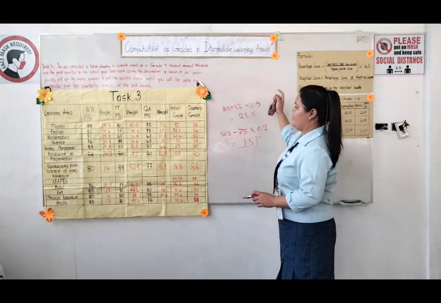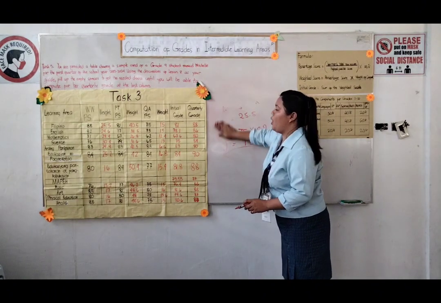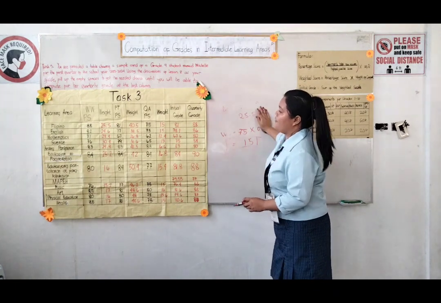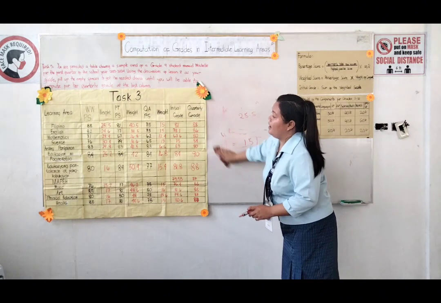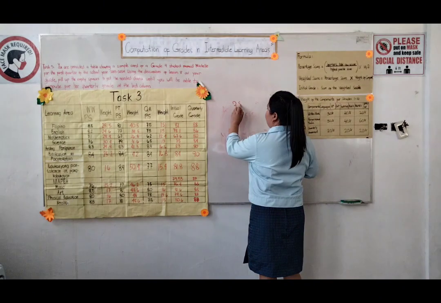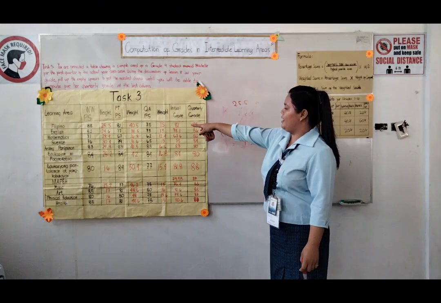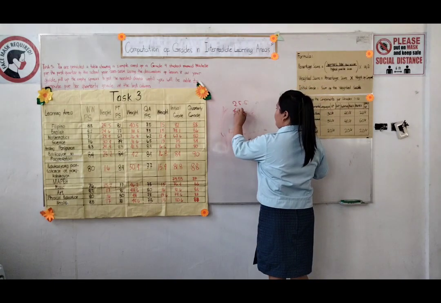So in order to get the initial grade, we need to add all the weighted scores of Michelle. In written work, we have here 25.5. In performance task, she got 40.5.